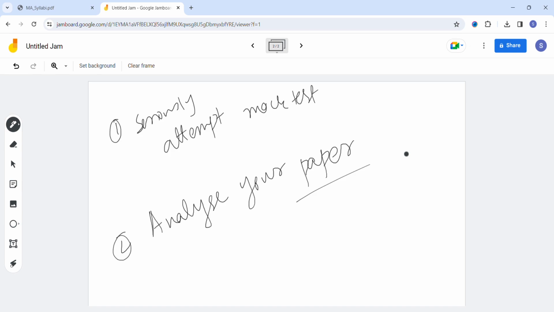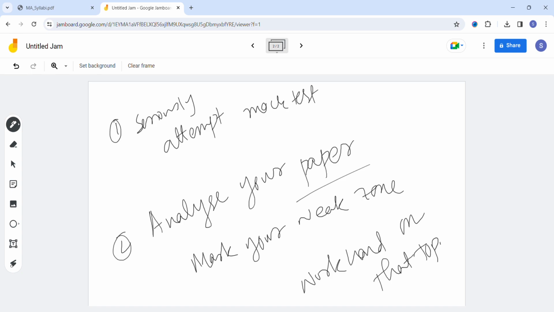So analyze your paper very well, and mark your weak zone, in what type of sections you can't perform well in the exam. Mark your weak zone, note it down, and then work hard on that topic.